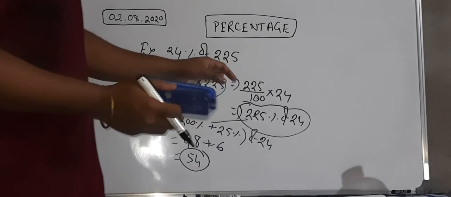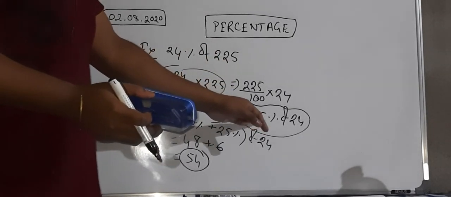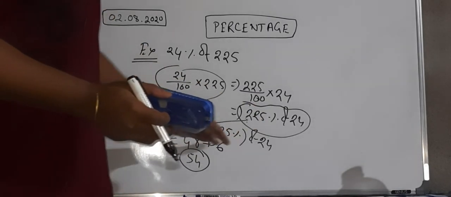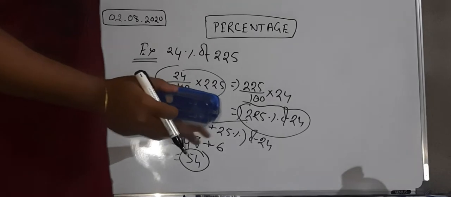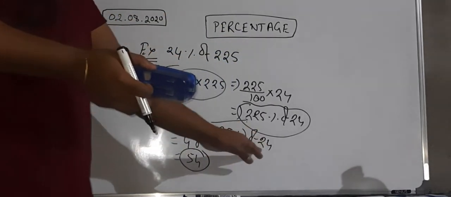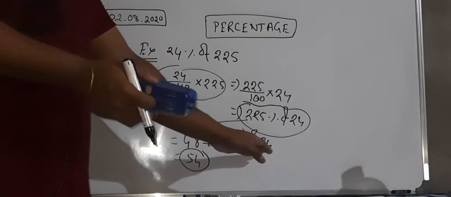So what I have done here is break 225% into two parts, 200% and 25%, right? 200% of 24 is simply the double of 24, which is 48, and 25% is 1 by 4. 1 by 4 of 24 is 6.